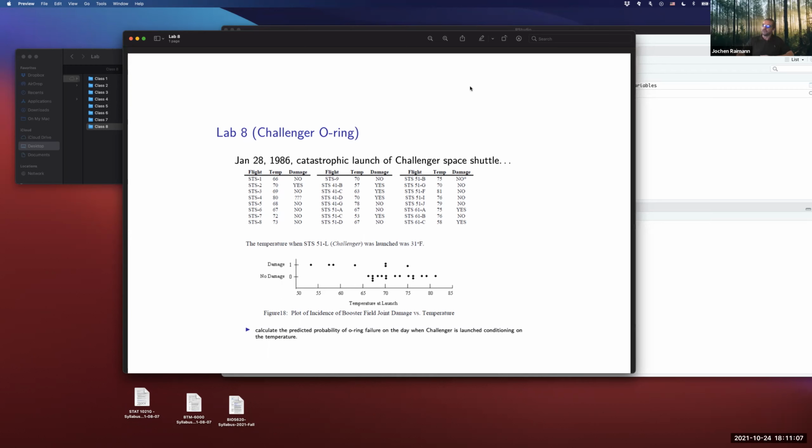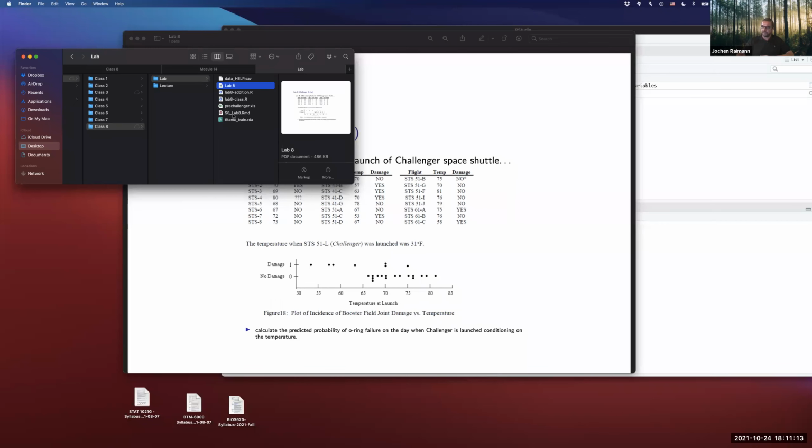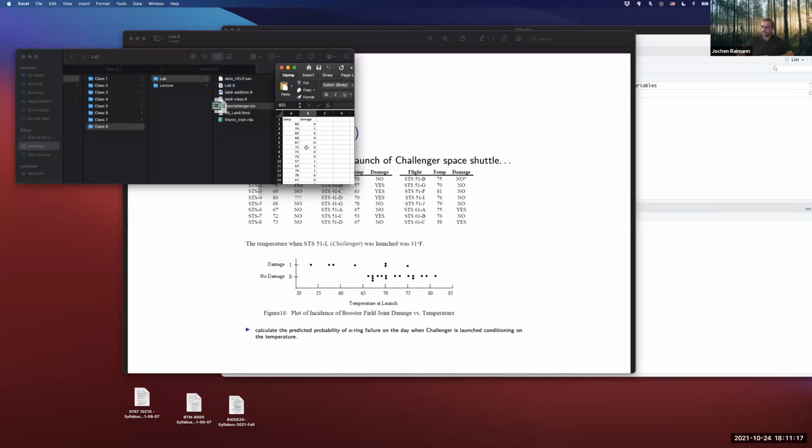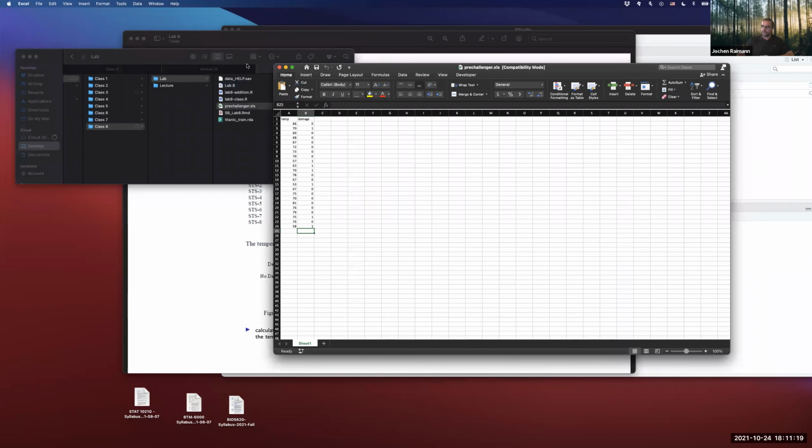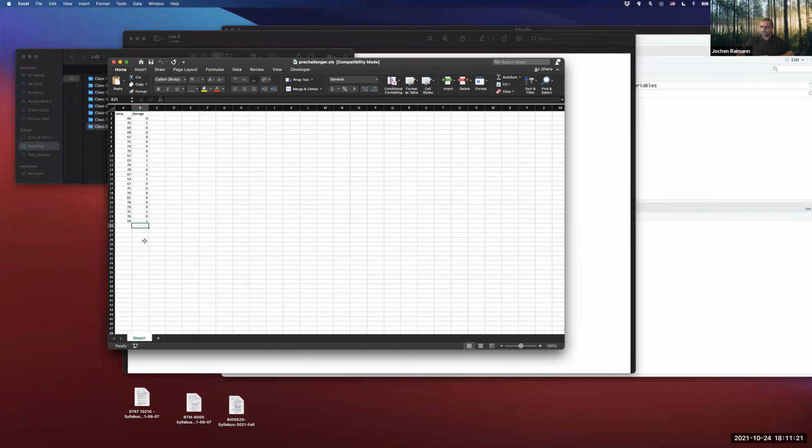And we can use this data. This data is posted in the lab data as pre-challenger.xls. I want you to load this data into R. You can convert it into a CSV file.